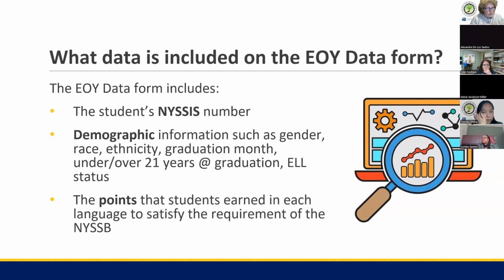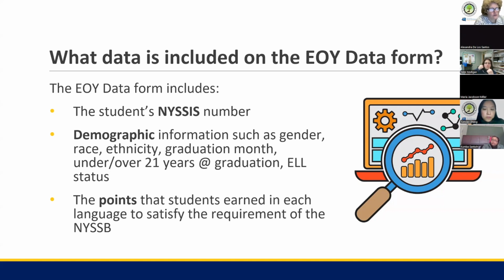This is contrasted with a school's internal ID number, which is often much shorter. It's usually around 6 numbers, whereas the NYSED number tends to be much longer, 9 or 10 digits.